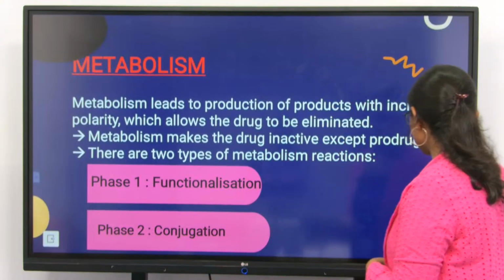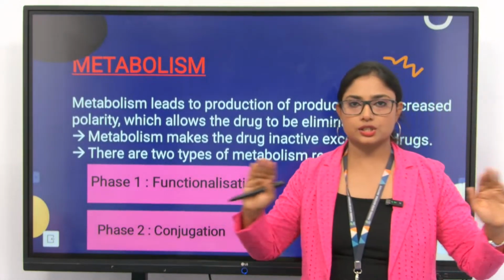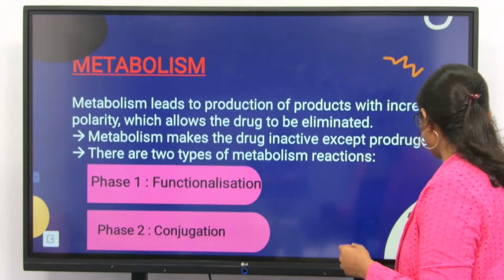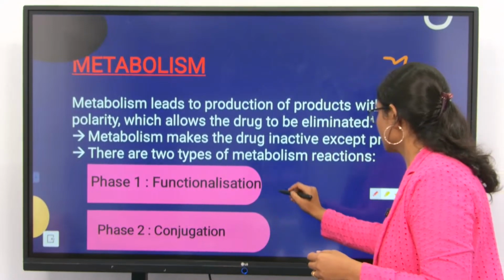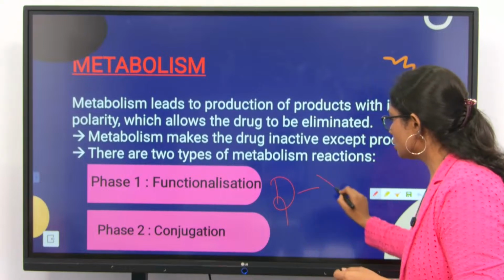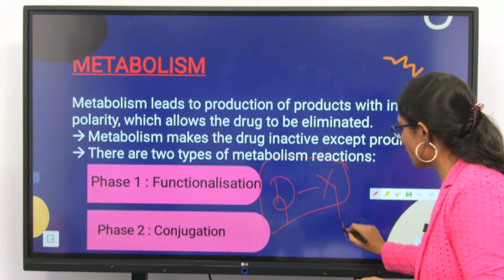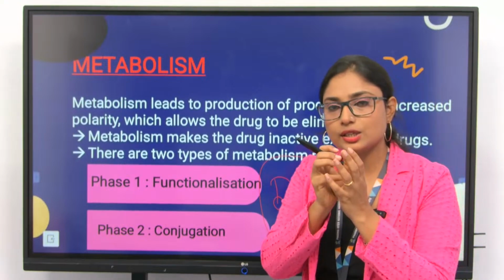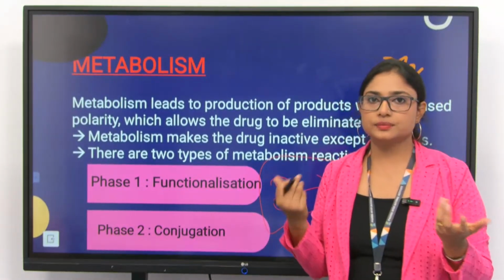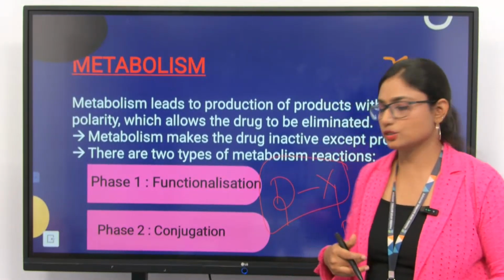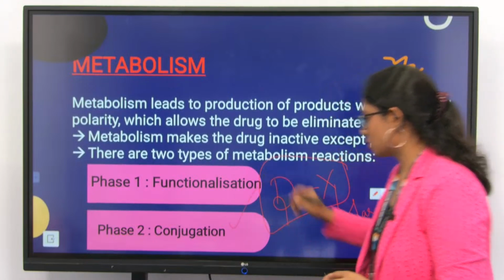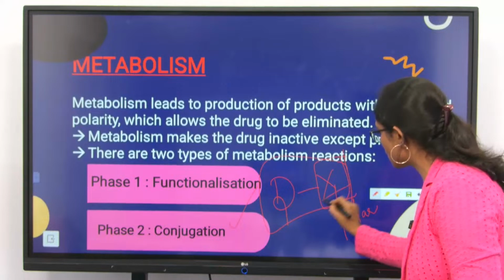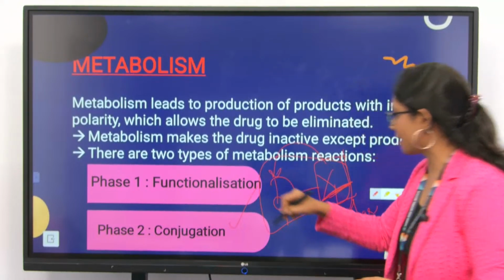In conjugation, there are different types of conjugation. What is actually conjugation? Here, the lipophilic drug is conjugated with a polar moiety. A bigger polar group is conjugated to the drug. So definitely the drug will convert to the hydrophilic form. The type of conjugation is based on the conjugate we are adding to the drug.